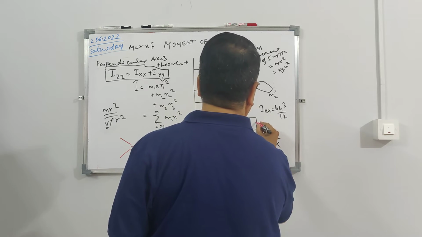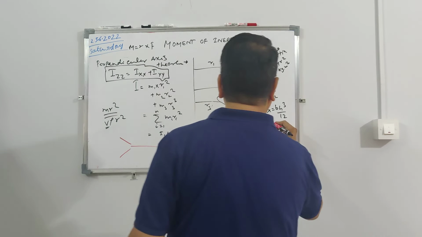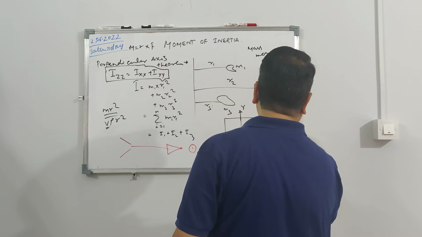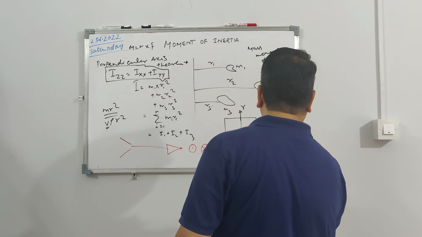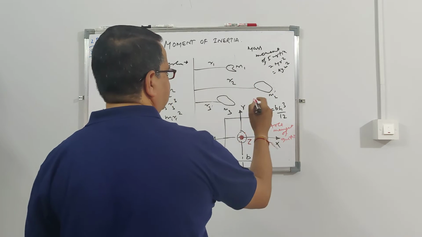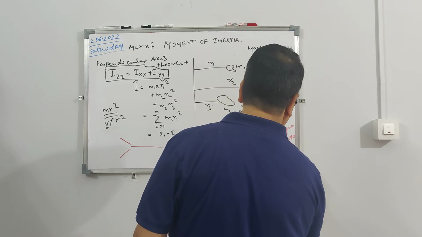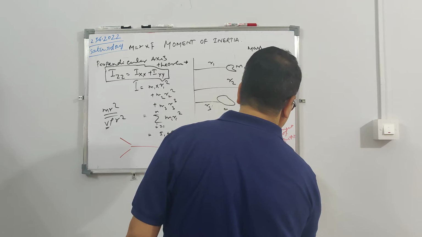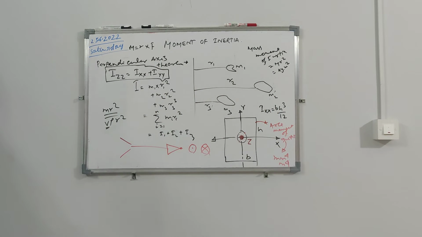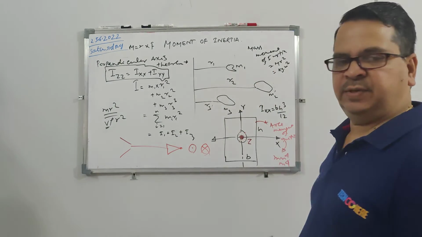We are removing density and thickness, only area. The unit of area moment of inertia is just mm4 or meter 4, so there is no kg coming into the picture. The area moment of inertia about the x-axis is bh cubed by 12.